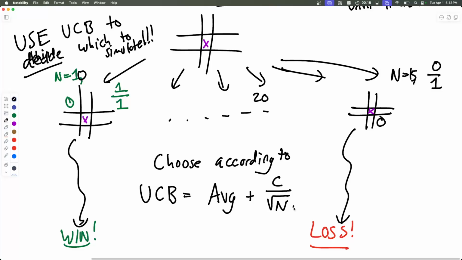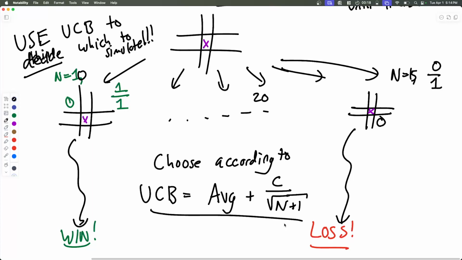I guess you have to be careful not to divide by 0, so let's say square root of n plus 1. So you're optimistic: the ones you haven't tried a lot, you try more. And over time, you get back to the picture I had before. But now, instead of wasting 100 rounds thinking about really dumb moves, you spend all of your time doing simulations on good moves. So that is Monte Carlo tree search.